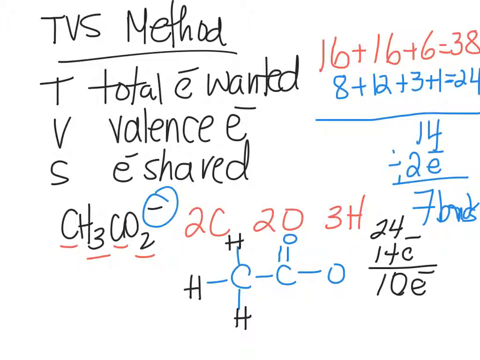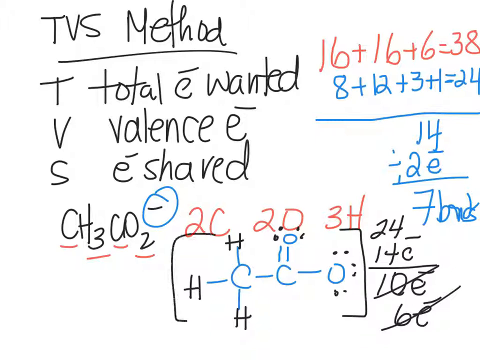This oxygen does. It needs 4 more to make its octet 8. So now we're down to 6 electrons. And this last oxygen has 2. It needs another 6. There's our last 6 electrons gone.